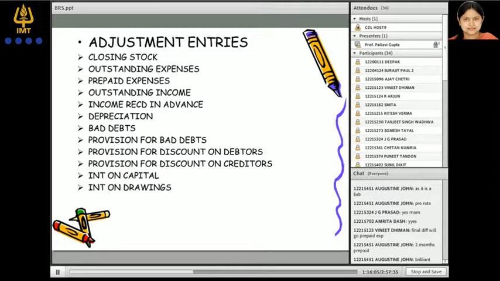Income account debit, to income received in advance.